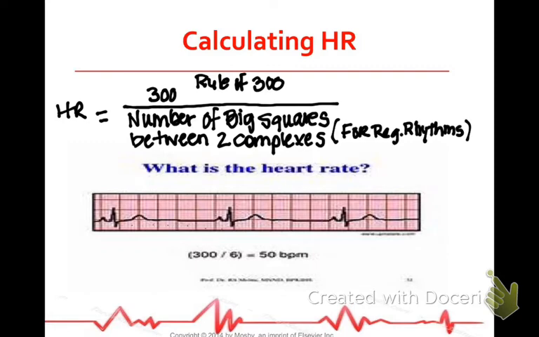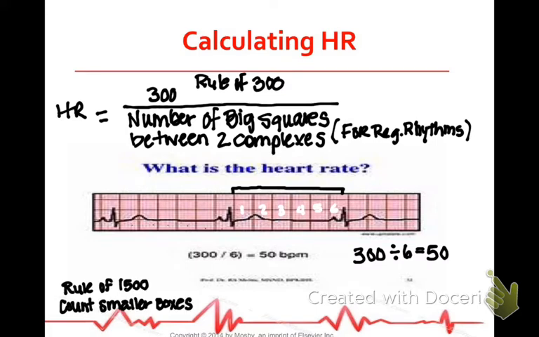So this is for regular rhythms. So I counted 1, 2, 3, 4, 5, 6 big boxes. So I divided 300 by 6 equals 50. And that would be your estimation for a regular heart rate using the rule of 300.